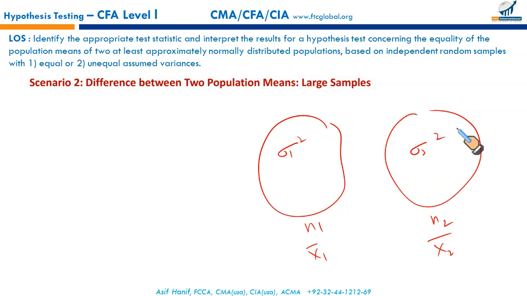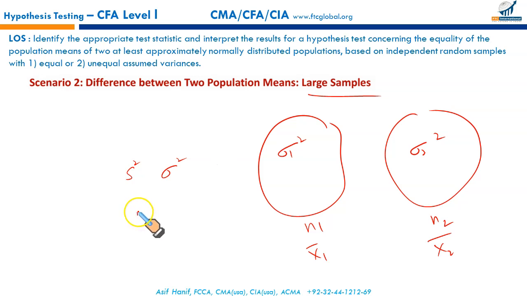Since we have large samples as agreed in scenario 2, we can use the sample variance as an estimate of population variance, and this is because of the central limit theorem, because we know when the sample size is sufficiently large, we can estimate this distribution as a normal distribution.